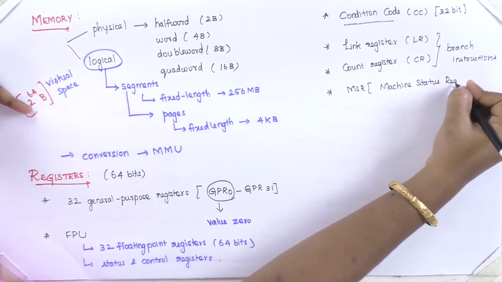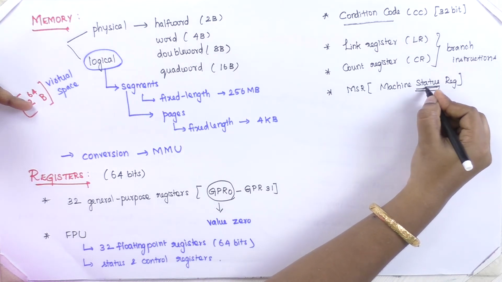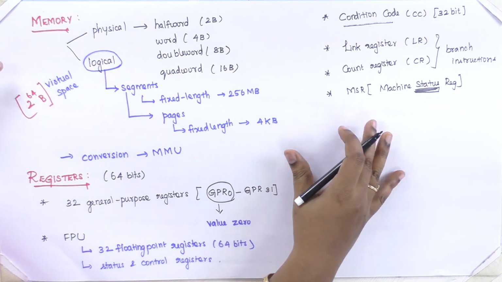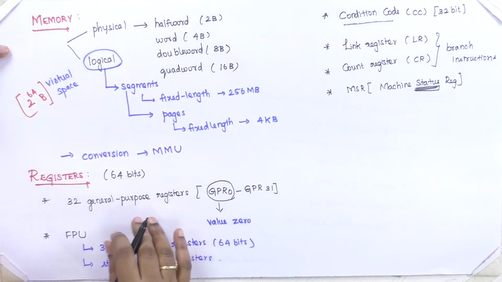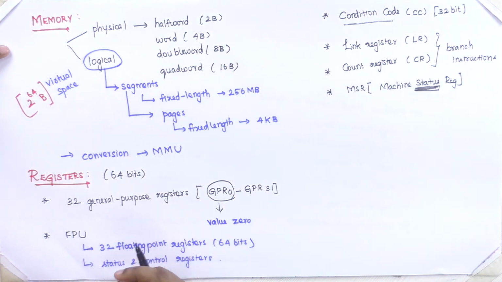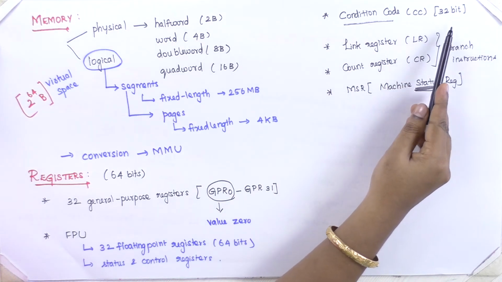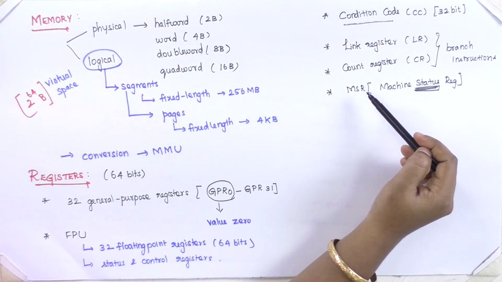This machine status register will hold the current status of our machine. So that's all about the registers. We have 32 general purpose registers, then under the floating point unit 32 floating point registers, status and control registers, then a condition code register of 32 bits, link register, count register and MSR register.